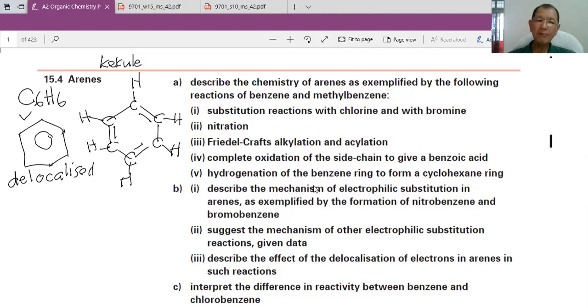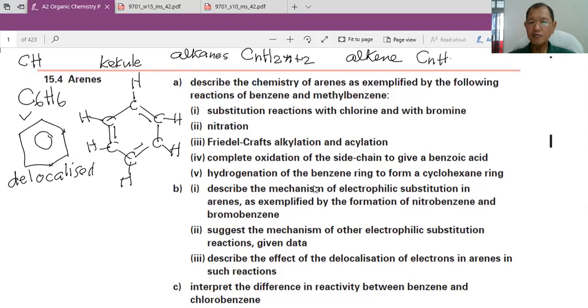Okay, what are hydrocarbons? In Form 5, hydrocarbons contain carbon and hydrogen only, is it? Right? So you have learned in your AS, the first family is called alkanes. Alkanes have a general formula of CnH2n+2. Alkenes, you also know, the general formula is CnH2n.